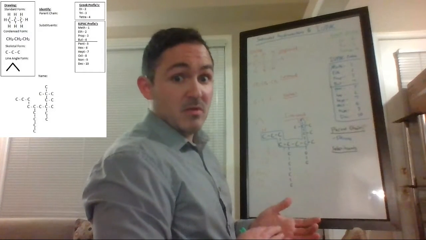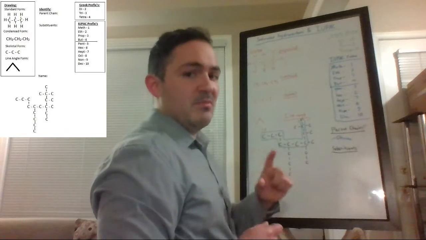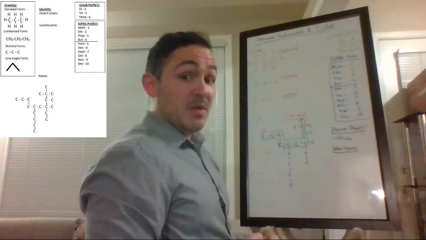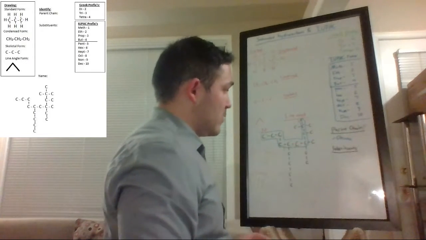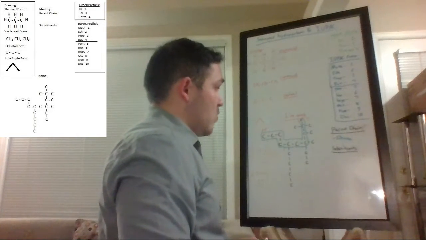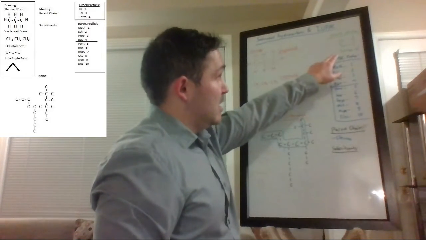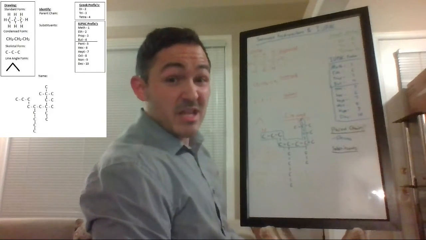More than 3 groups that's branching off? It's basically a way of identifying how many of the same type of group we have on this chain, and we individually number them. So what we see here is 1, 2, 3, 4 different methyl groups. From those 4 different methyl groups, we're going to have to pick the tetra, which is going to be number 4. So tetramethyl.